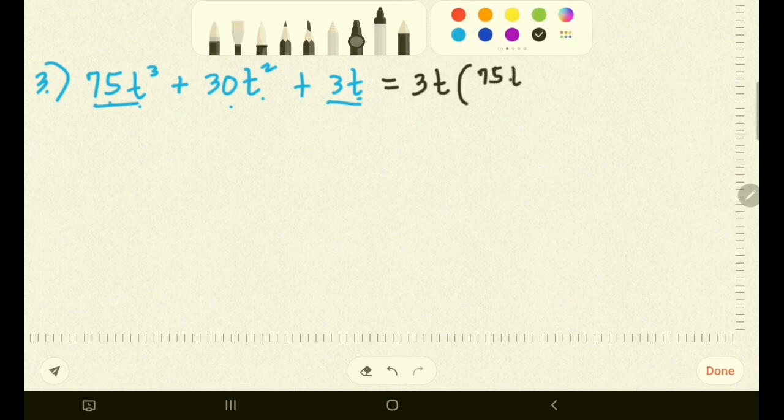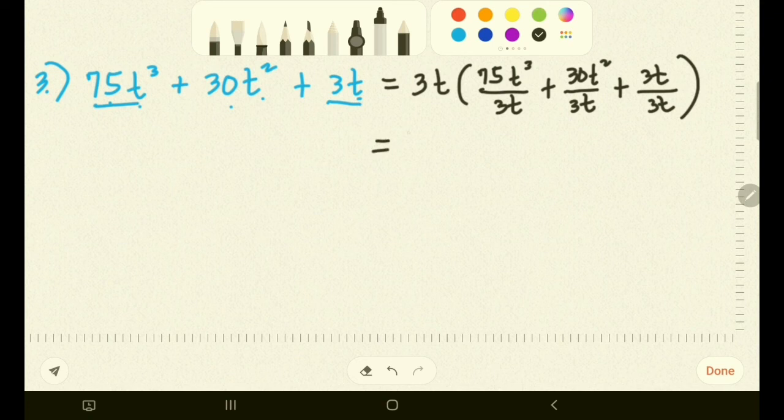75t cubed over 3t plus 30t squared divided by 3t plus 3t divided by 3t. So you have 3t. 75 divided by 3 is 25.